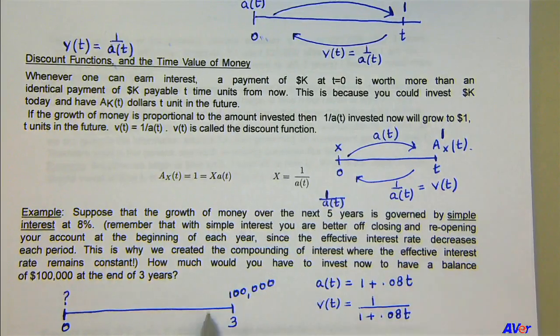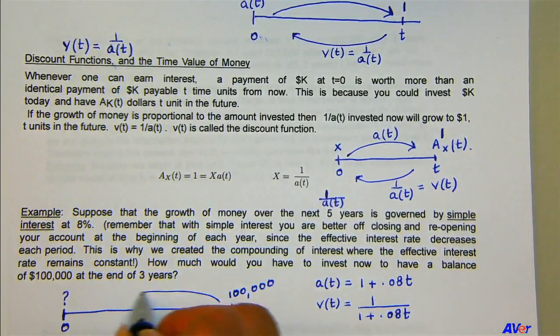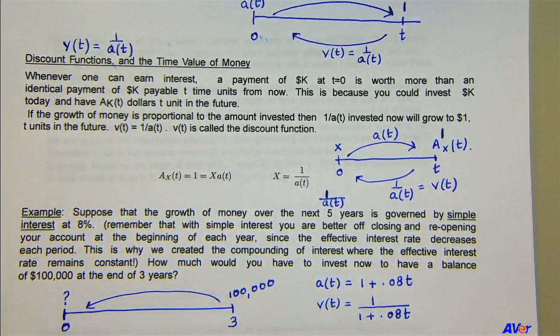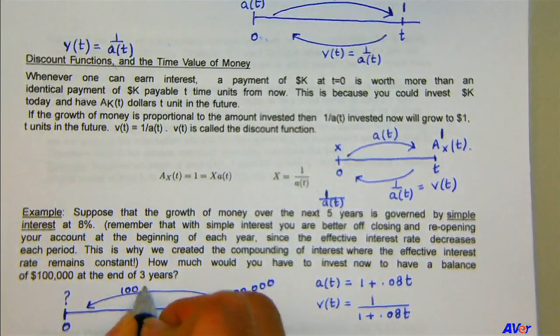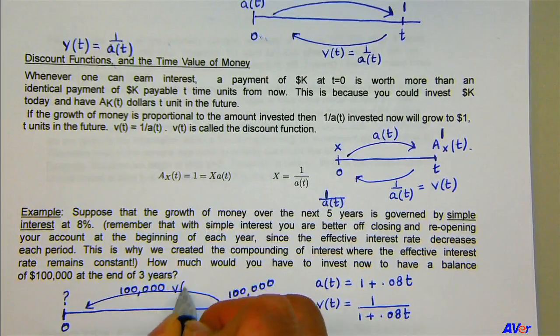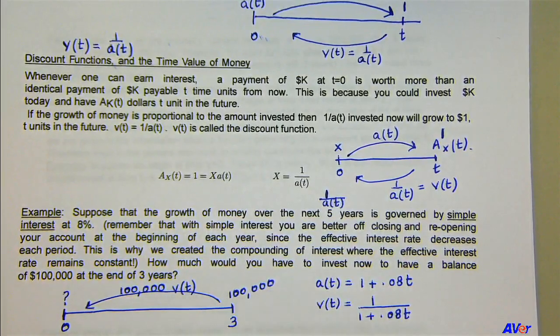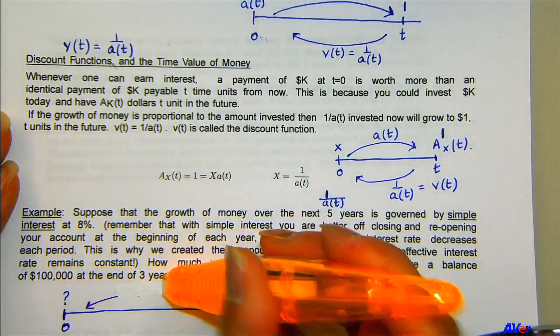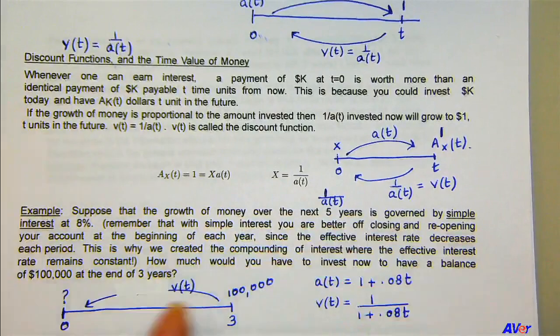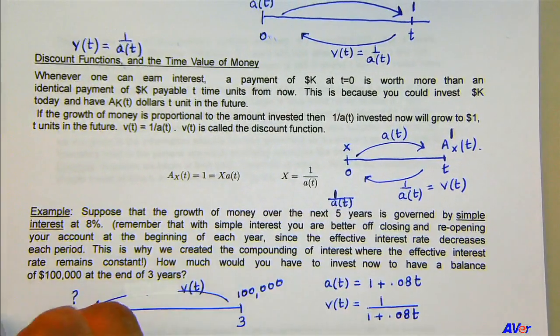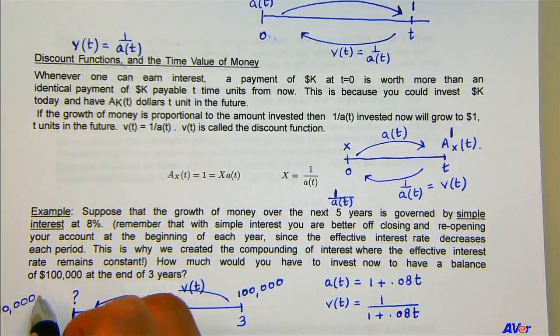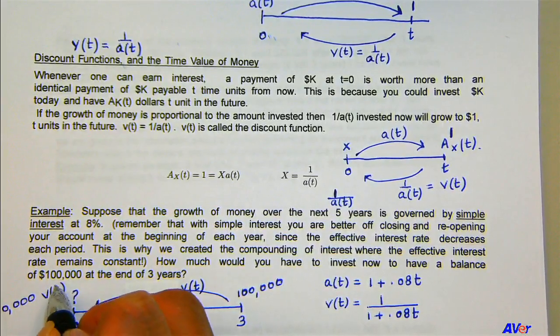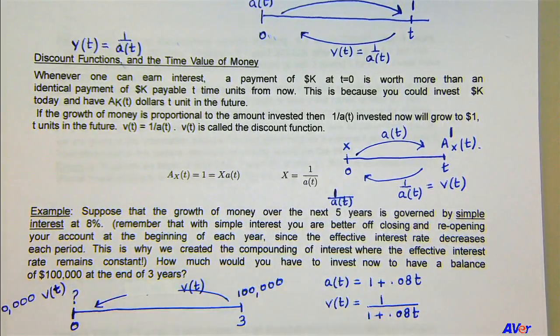So, if I'm going back, I want the present value. I would take this 100,000 and multiply by v of t. So my answer is, actually, you know what? Please let me not write the 100,000 here, because I'm applying a factor of only v of t to it. So this would be 100,000 times v of t at time 0.